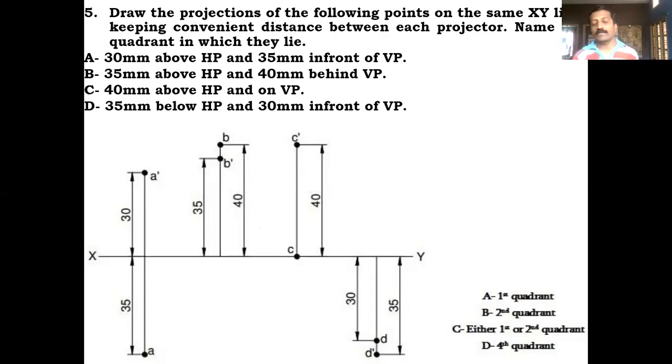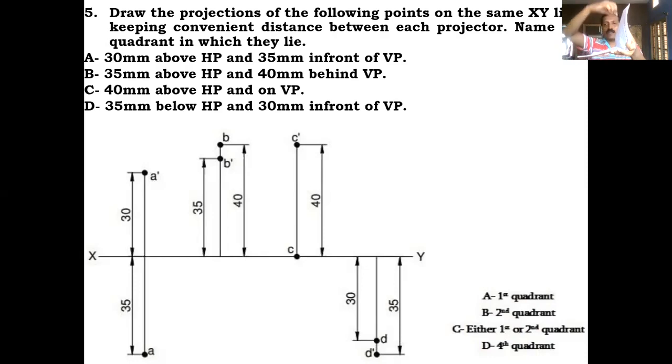Okay, coming to the third one, the point C, 40 millimeter above HP and on VP as given. In yesterday's class I was discussing it. On VP, on HP I can give, for example. In this case, it is given above HP and on VP. See, the point is above HP, on VP means exactly it is placed on the vertical plane.